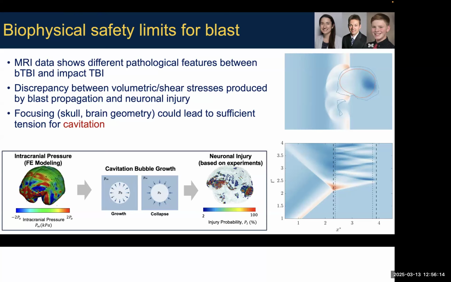So I am not comfortable yet saying that cavitation is causing traumatic brain injury, but it is a possible mechanism that, under the right conditions, you could actually get cavitation, certainly when exposed to a strong blast, but even if you're exposed to repeated lower amplitude blasts.